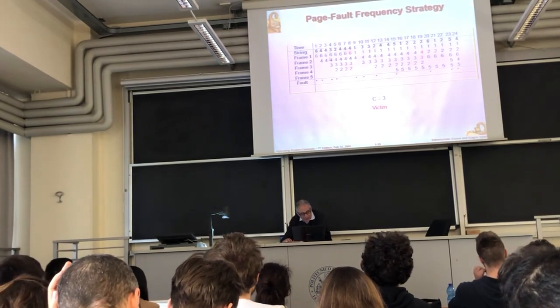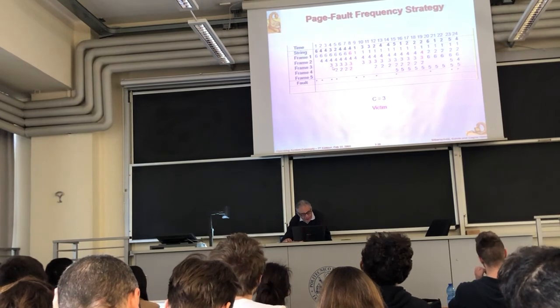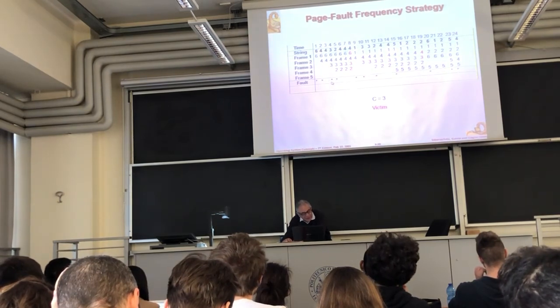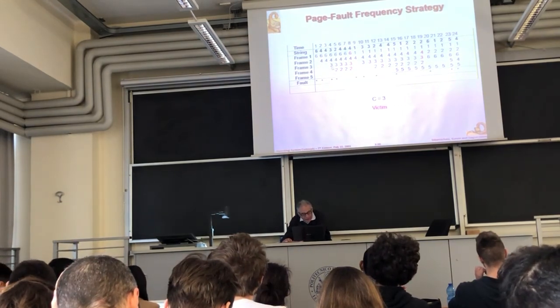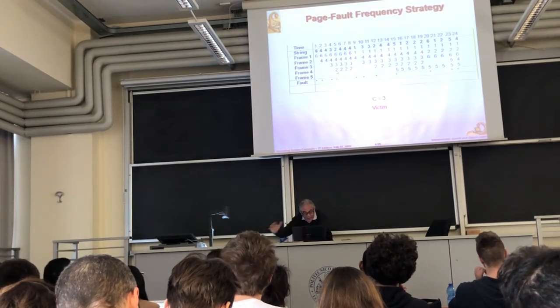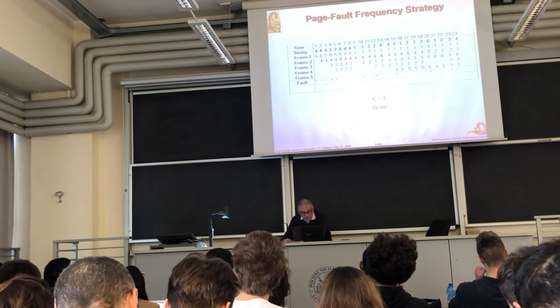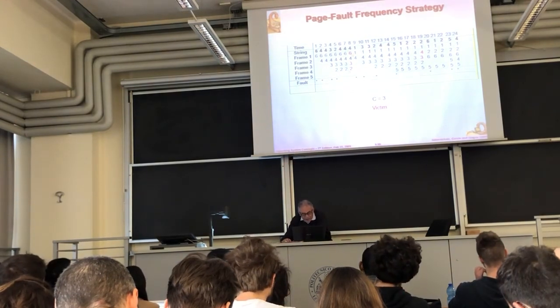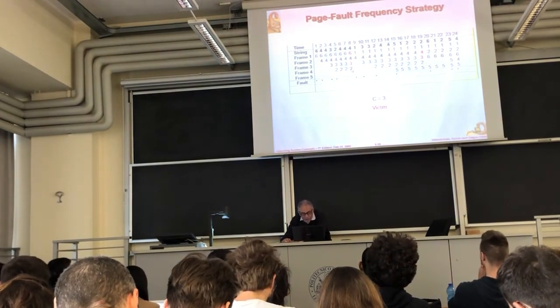No page fault. Page fault 3, the difference is 2, so we add the page. Other page fault for 2, the residence set increases. No page fault, no page fault, no page fault.